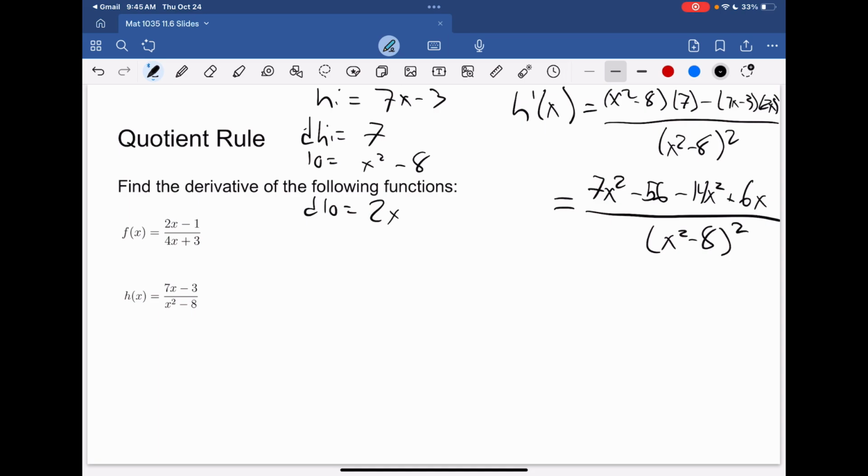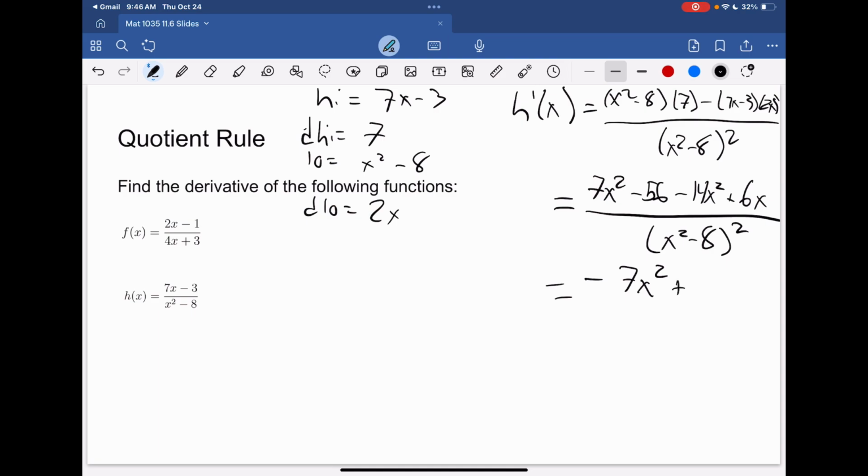Now I can combine my like terms. So I have some x squareds. So I have 7x squared minus 14x squared, which is negative 7x squared. We do usually like to write these in the order of the degree of x. So I'm gonna swap where 6x and 56 are.